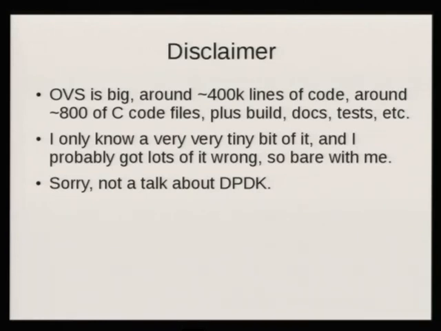I only know a very tiny piece of that, so I am wrong on the internet right now, right? So please correct me if you get a chance later. And sorry, that's not a talk about DPDK. I'm going to mention that.